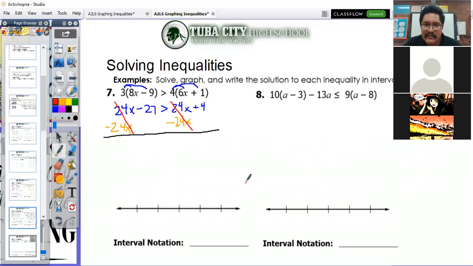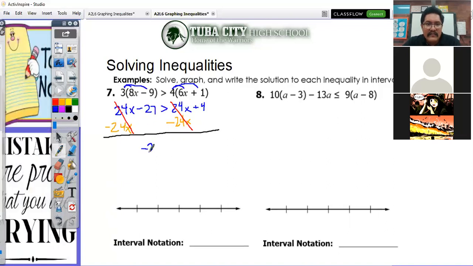So this is going to be one of those special cases that I was talking about. The special case happens when you lose all your variables. When you lose all your variables, it can be one of 2 things. Which of those is it? Well, let's keep going. All right, so negative 27 is still there.